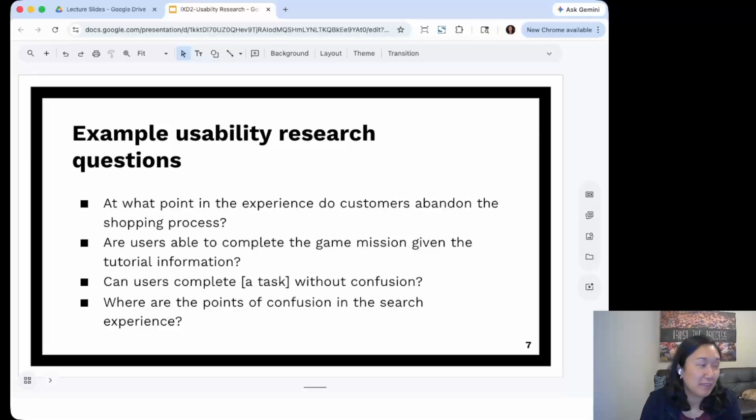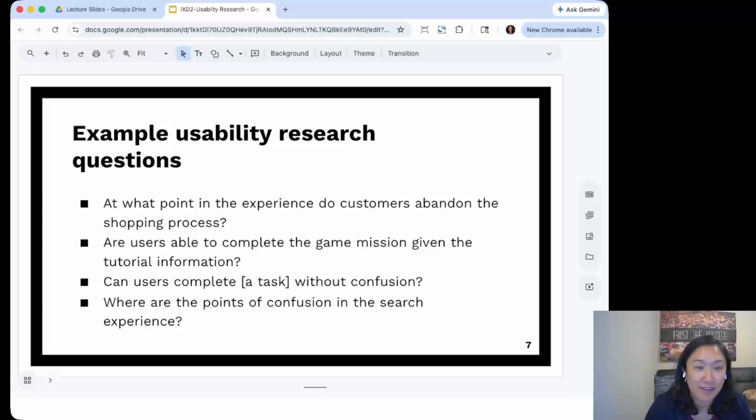Lastly, another usability question could be like, what are some of the points of confusion in the search experience? So, if someone is on Google and they're looking up information about chemistry, for example, at what point in their search experience do they not get relevant results? Or do the results confuse them?